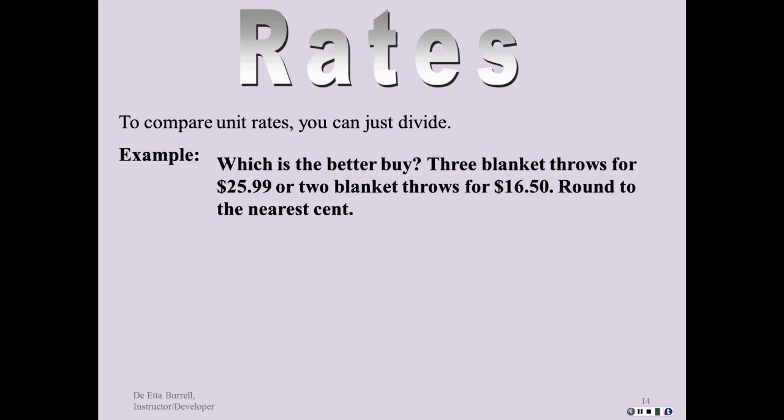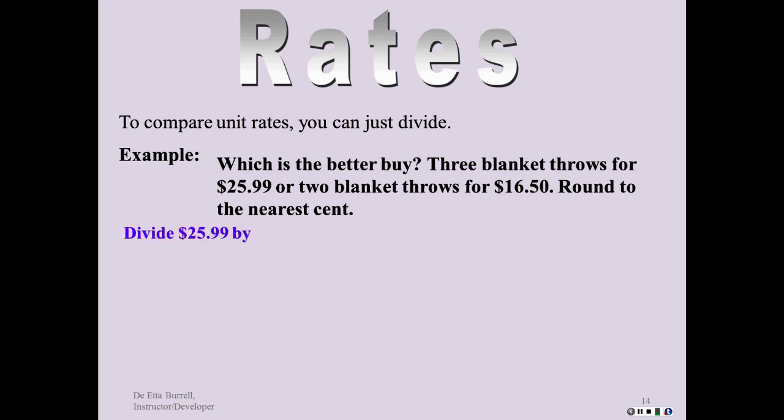Okay, so in this case, which one's a good deal? I have 3 blanket throws for $25.99, or I have 2 blanket throws for $16.50. So you guys are telling me it's going to be the $16.50 just because it's cheaper? Okay, so how are you going to tell me which one's the best buy? You have to divide.